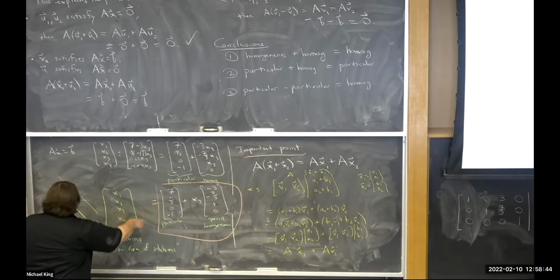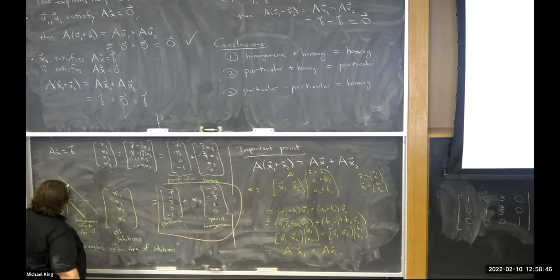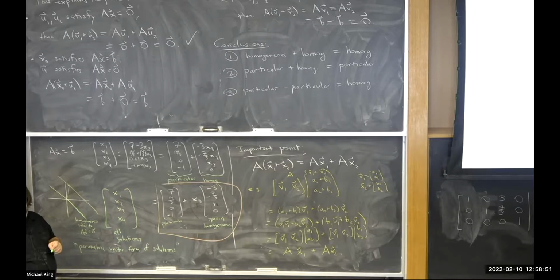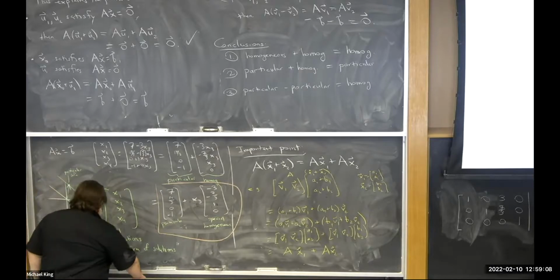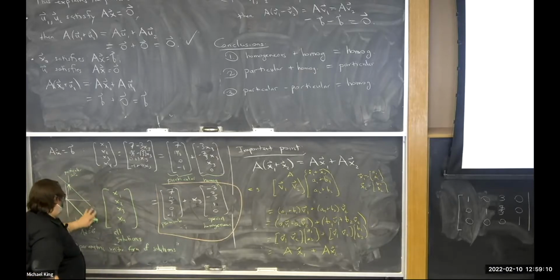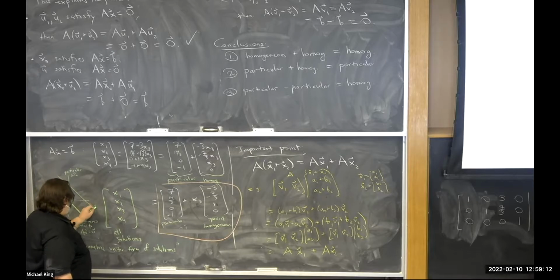Because if you think about it, this is like a particular vector, going from the origin out to a particular vector. It's kind of like how we parameterize lines, like you go off the origin to the line and then you follow the line. And so this is your particular solution. And then this line is all solutions to, say here, AX equals B.